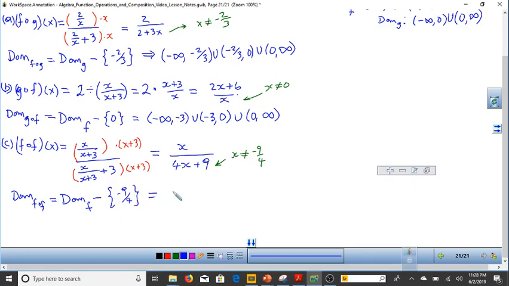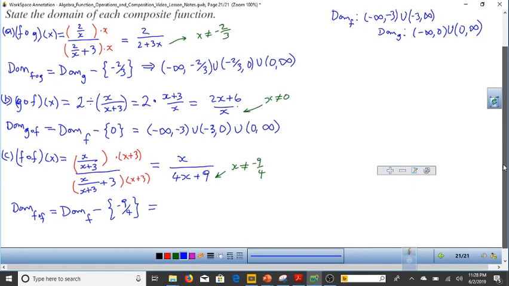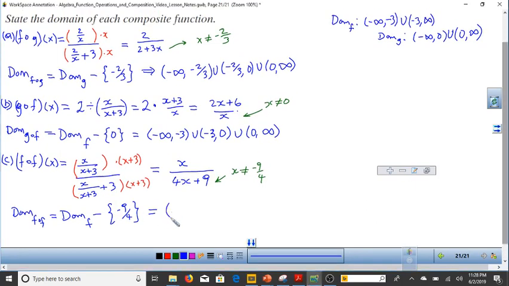So that is negative infinity to negative 3. Negative 9 over 4 is negative 2 1/4, so it's to the right of negative 3. Union negative 3 to negative 9 over 4. Union negative 9 over 4 to infinity.